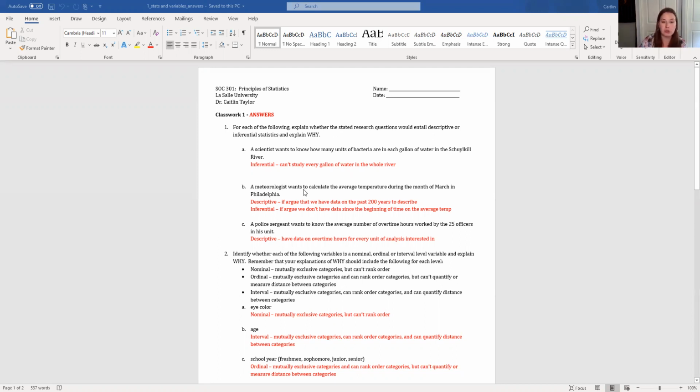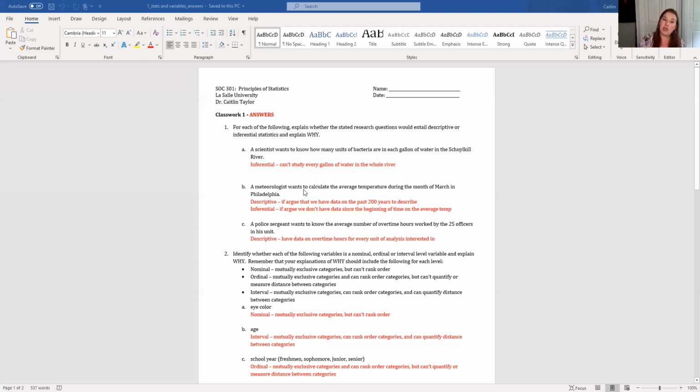The second one: a meteorologist wants to calculate the average temperature during the month of March in Philadelphia. So this could go either way. If you say that this is descriptive, you have to argue that we have data on, for example, the average temperature in the month of March for the past 200 years, right? So if you answer the question of, is it feasible or possible to have or collect data on everything that we're interested in, if you say, yeah, we have 200 years, that's enough to be able to say what's the average for the month of March, then it would be descriptive.